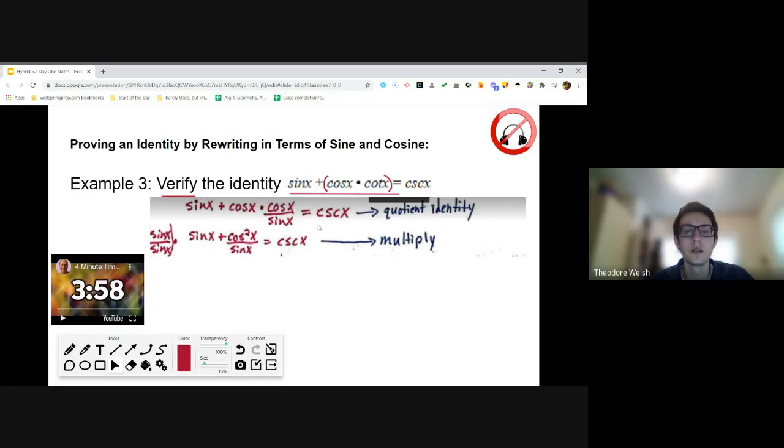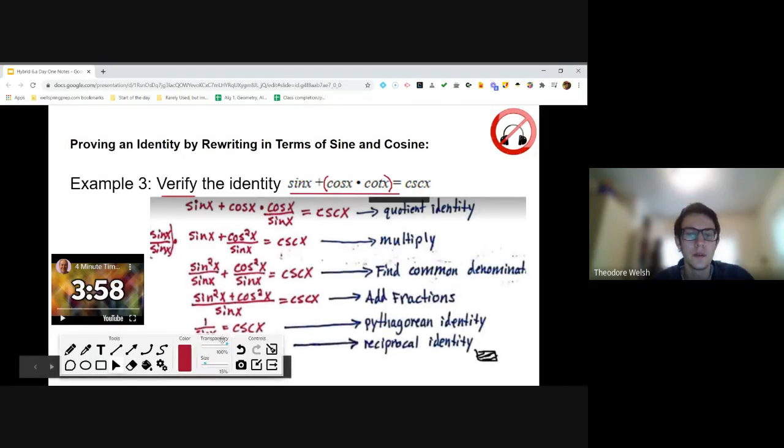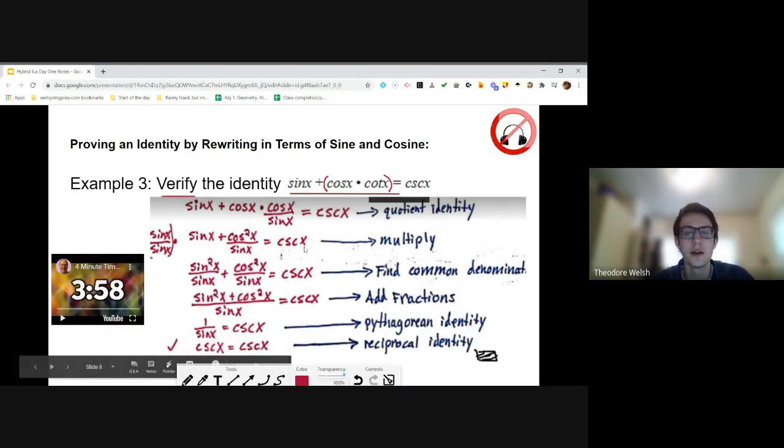From there, what I did was I took cosine and cosine over sine and multiplied them together. So I just performed some multiplication. That's why multiply is my second step. From there, lots more happened. What I chose to do was to rewrite this as one fraction.